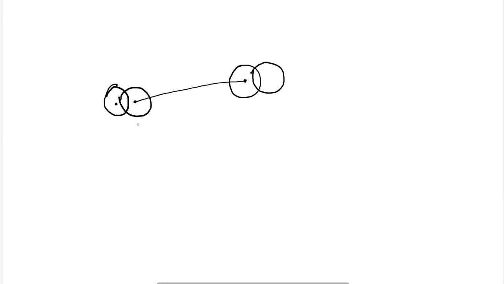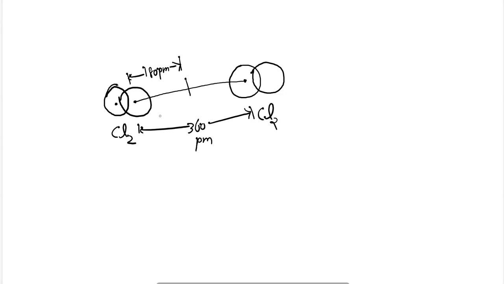This is for chlorine, one Cl2 and a second Cl2. The distance between the two different molecules is 360 pm, and half of it will be 180 pm, which is the van der Waals radius.